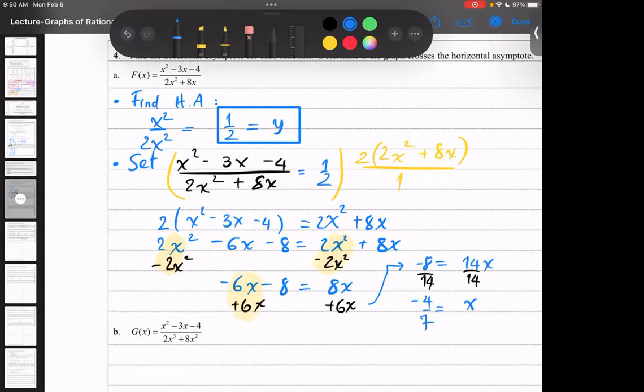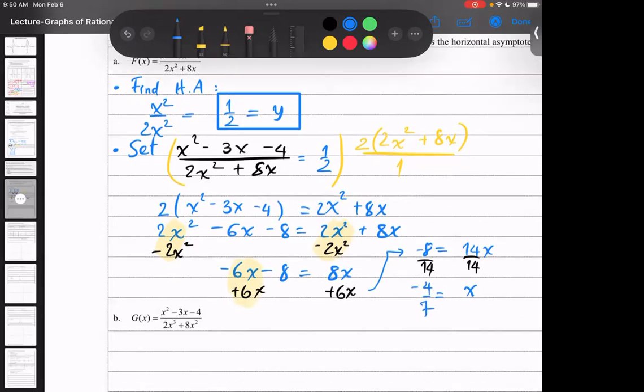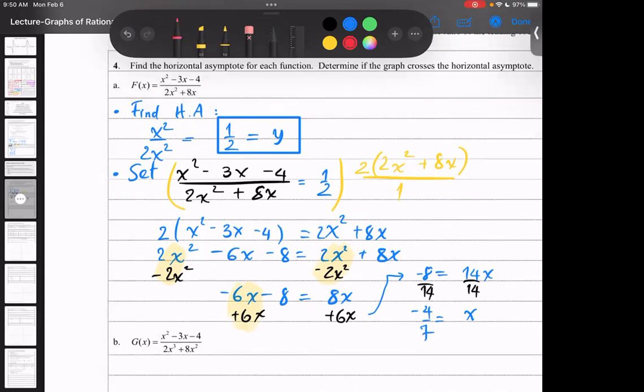And don't stop there, right? That's your crossing point. So your answer, you say yes. Cross point is negative 4/7 for the x component, and then 1/2 for the y component.